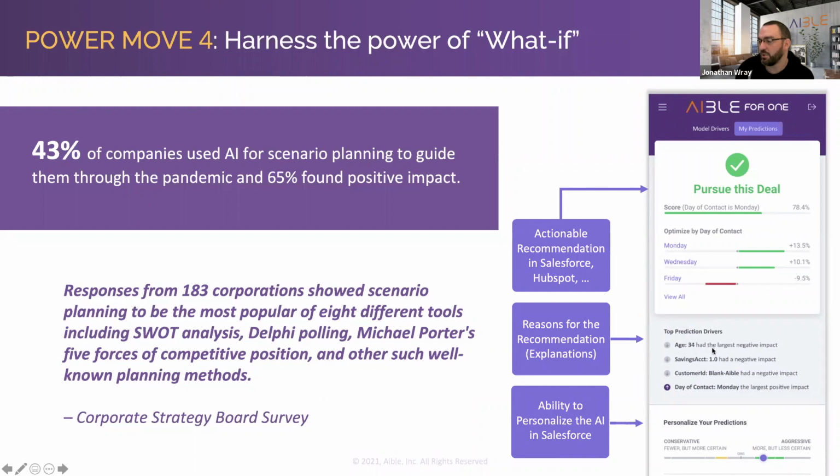And Aible is also giving us the reasons why it's selected. What are the good things? What are the bad things about this opportunity that are leading it to recommend that we take this action? And then the final piece, which always makes me smile, is this personalization. I'm not somebody who loves notifications. I don't necessarily like getting 50 reminders for everything. We give teams the ability to set their own preferences, to take more recommendations or fewer recommendations.